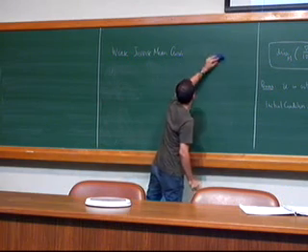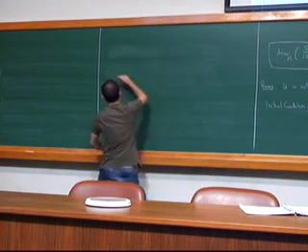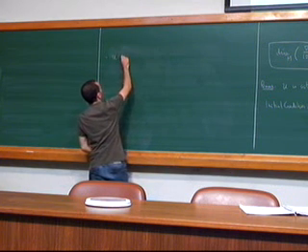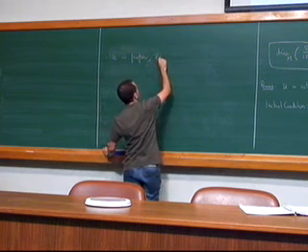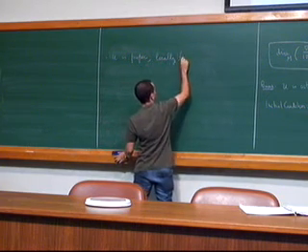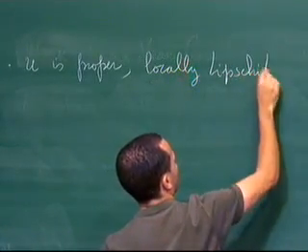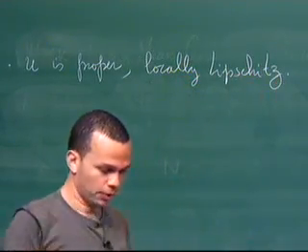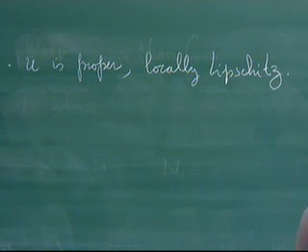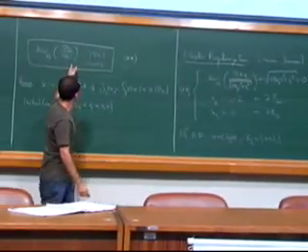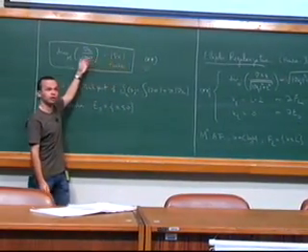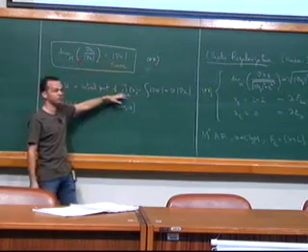Let's see. So first of all, the function u will be proper in local ellipses. Proper means that it goes to plus infinity at infinity. But the nice thing is that, remember that this equation, if you freeze the right-hand side, can be seen as the Euler-Lagrange equation of this function.